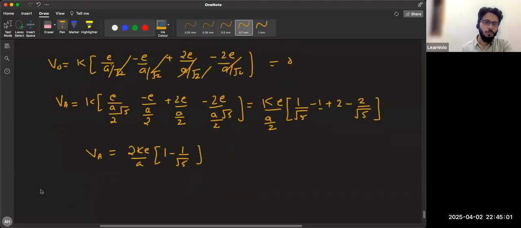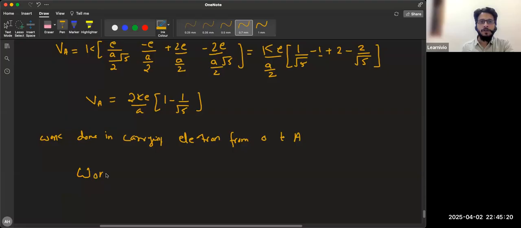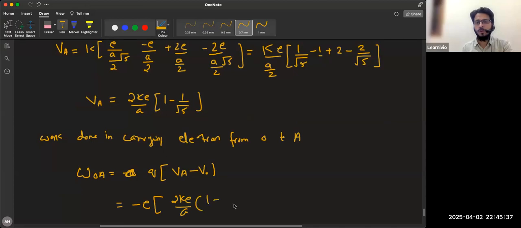I need work done in carrying an electron from O to A. So to carry an electron from O to A, the formula is Q times potential at A minus potential at O. Here Q is the charge of electron, which is minus E. Potential at A is this, 2KE by A, 1 minus 1 by root 5, minus potential at O, which is 0.